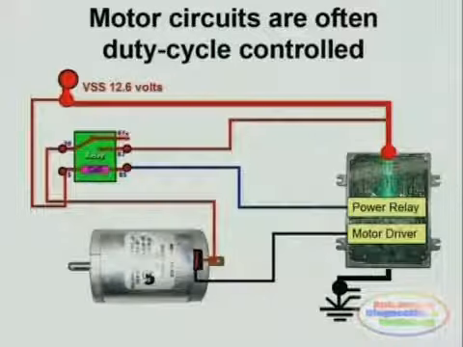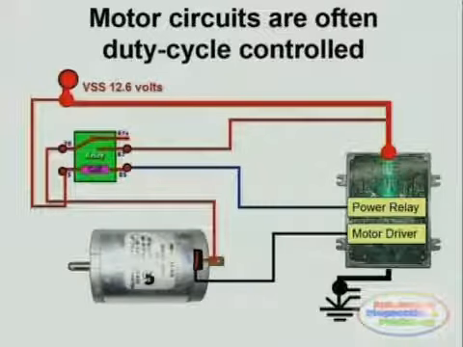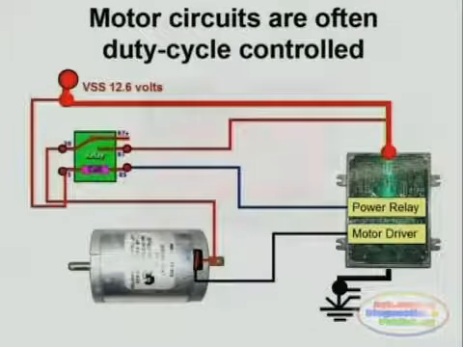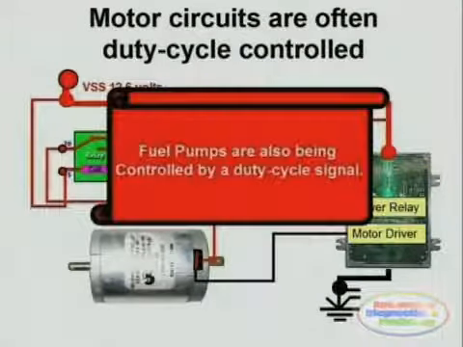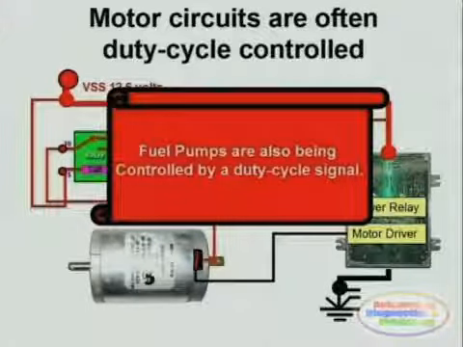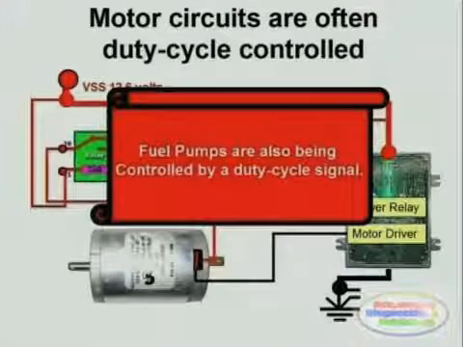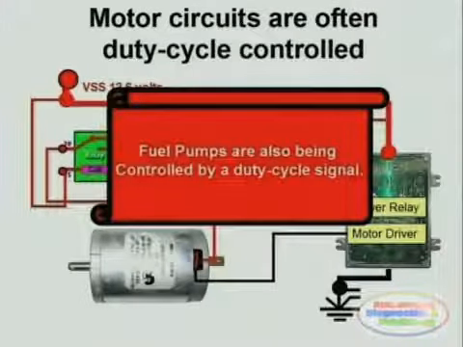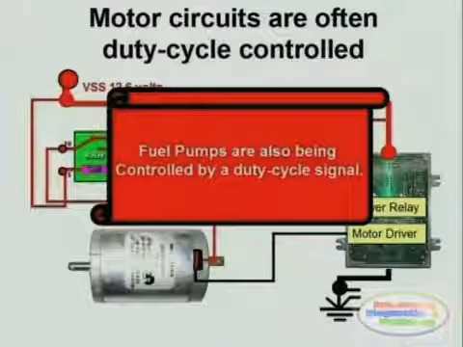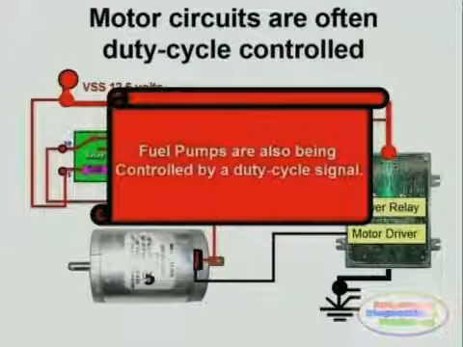This doesn't mean that the motor is controlled by the relay. Fuel pumps are also controlled by duty cycle signals through the negative side of the circuit. In this particular case, the relay provides the plus or positive side to the motor, and the ECM or the ECM driver provides a pulsated ground to the negative side of the motor.